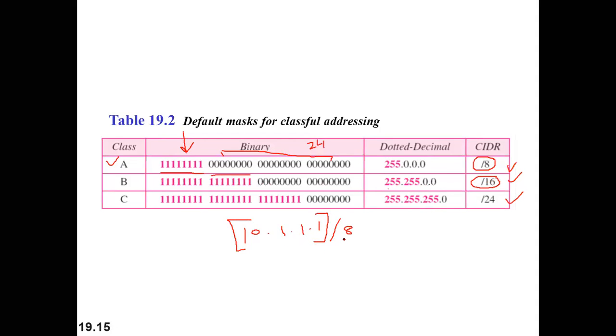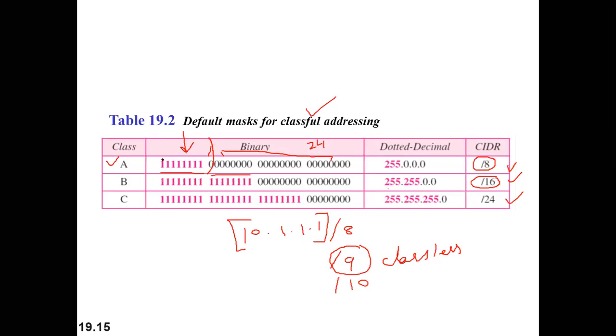This is a class A address and a classful addressing scheme, since we are using /8. Now it can be /9 also, but in that case it will not be classful, it will be classless addressing. What does /9 actually mean? It means the next bit has also been consumed for the network address.